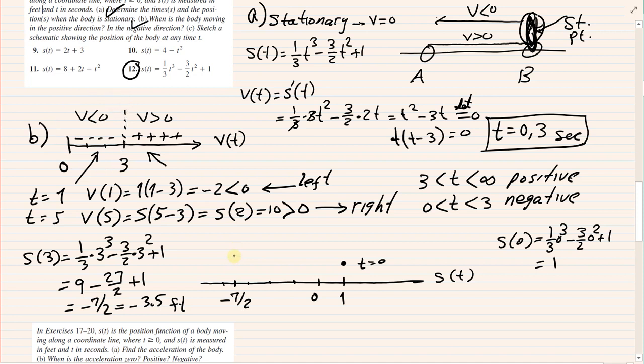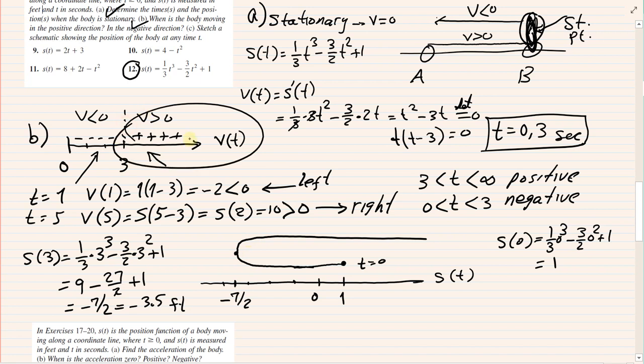So this object's moving to the left, and then it's going to turn and continue on to infinity in that direction. That's the orientation of the direction of the movement. And this point is t equals 3.